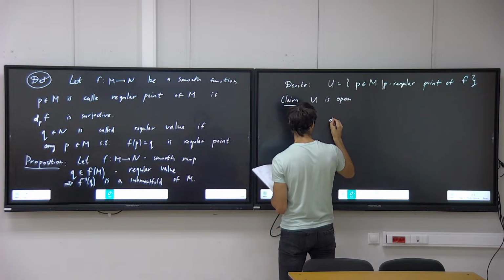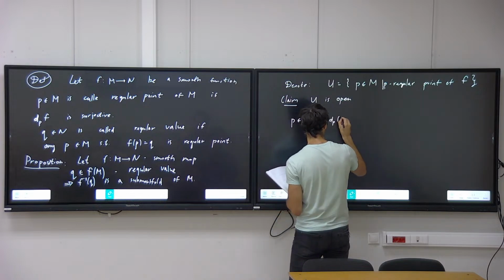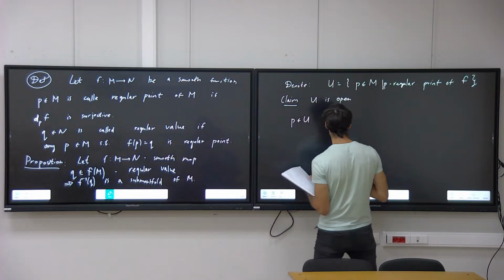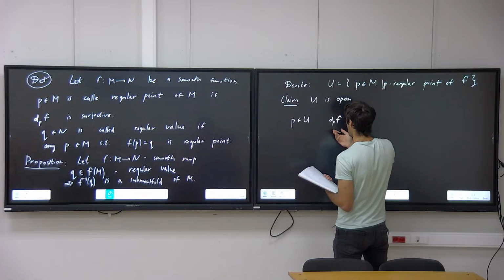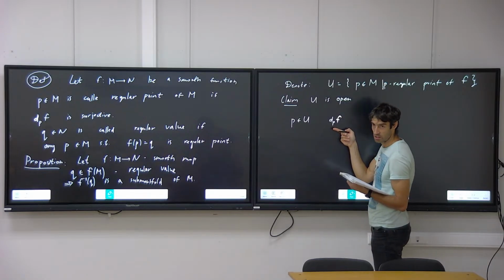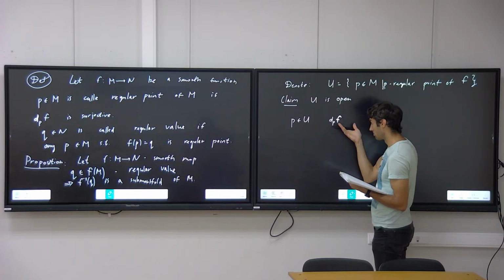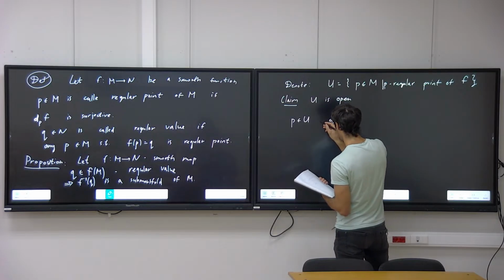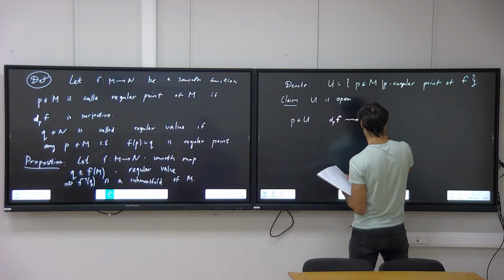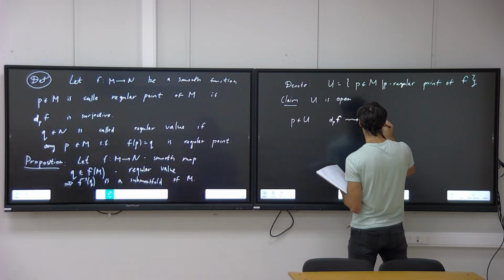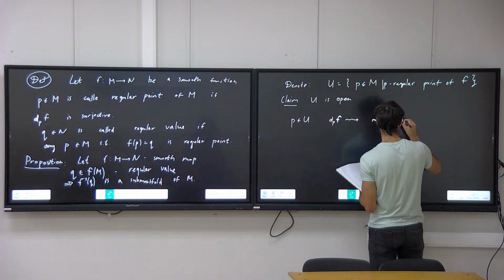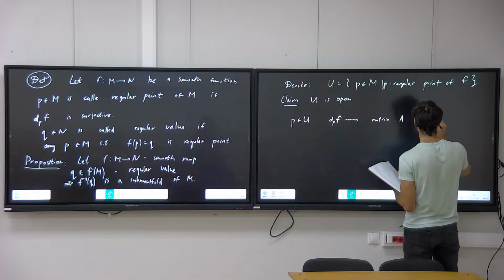Then you consider d_p f, and you consider some matrix of this, some A, in some basis.